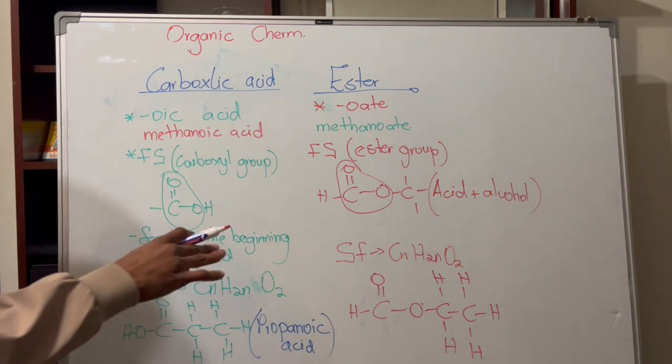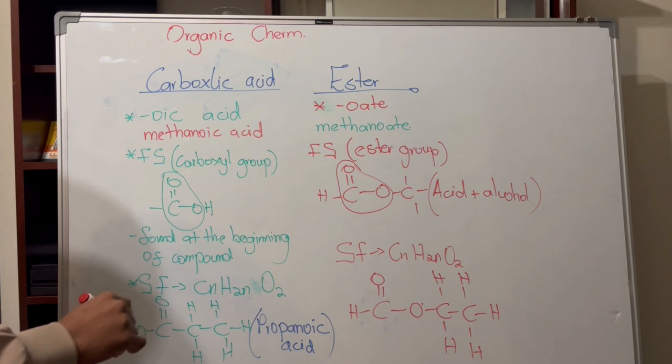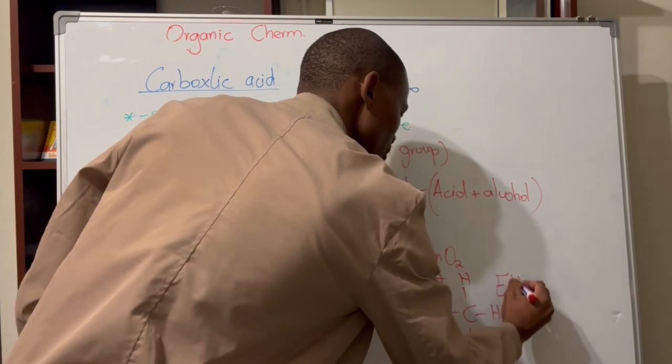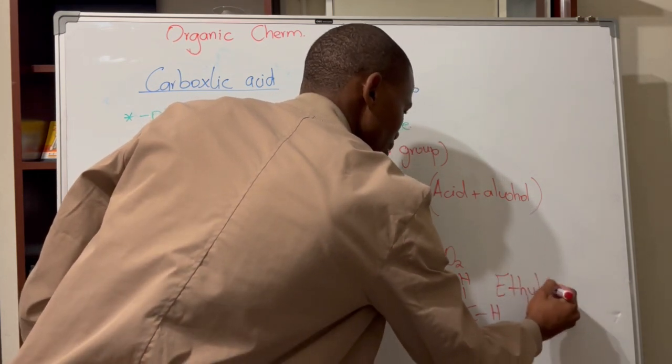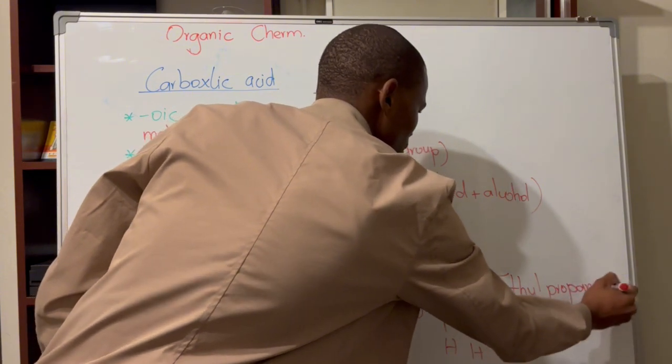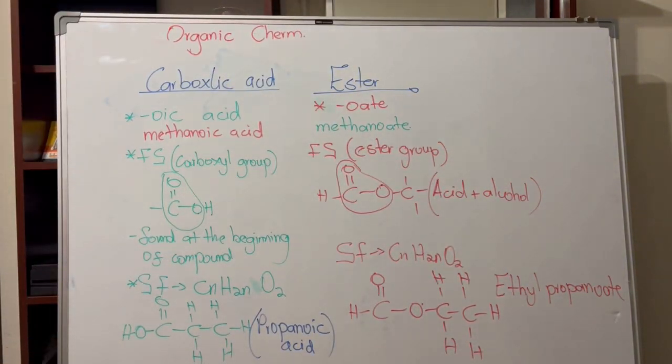But if I were to name this one, I would call it ethyl propanoate. Ne? So that's how you basically differentiate your carboxylic acid from an ester.